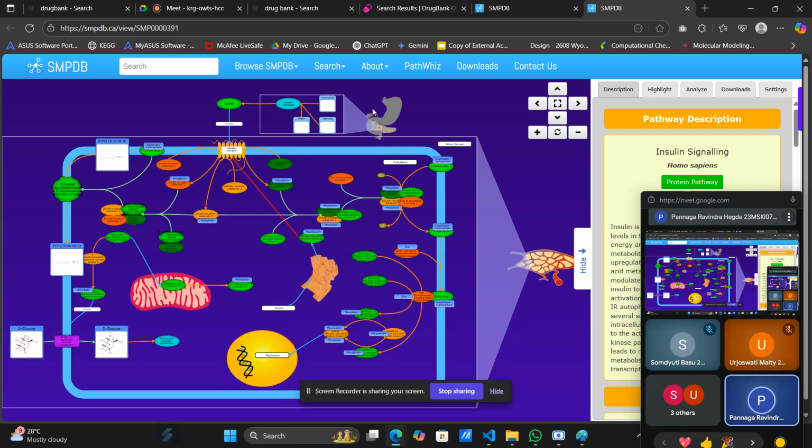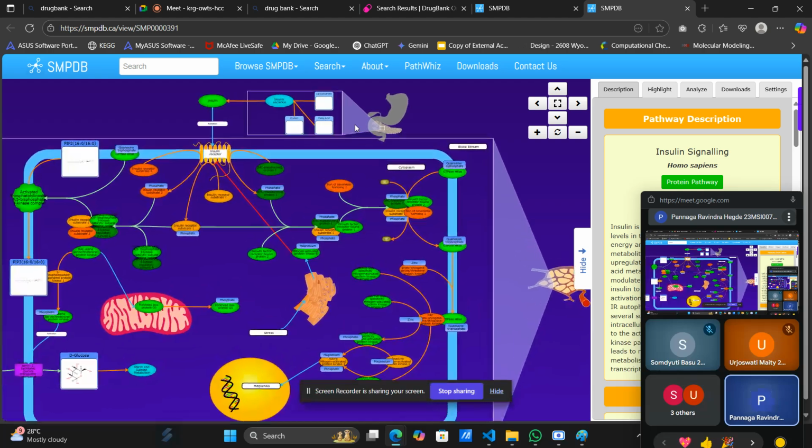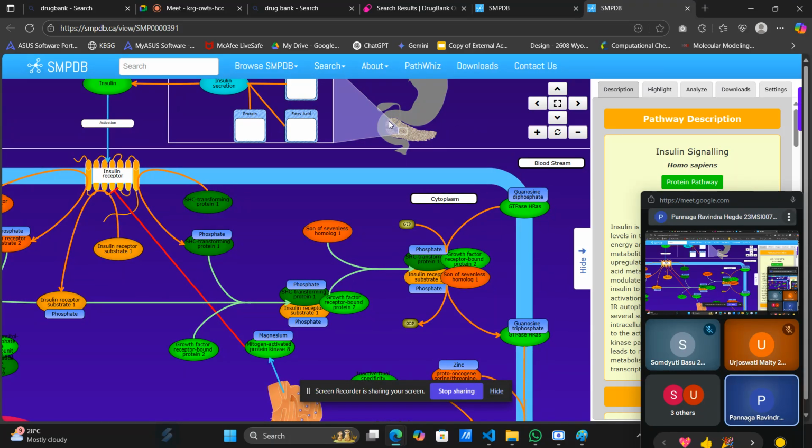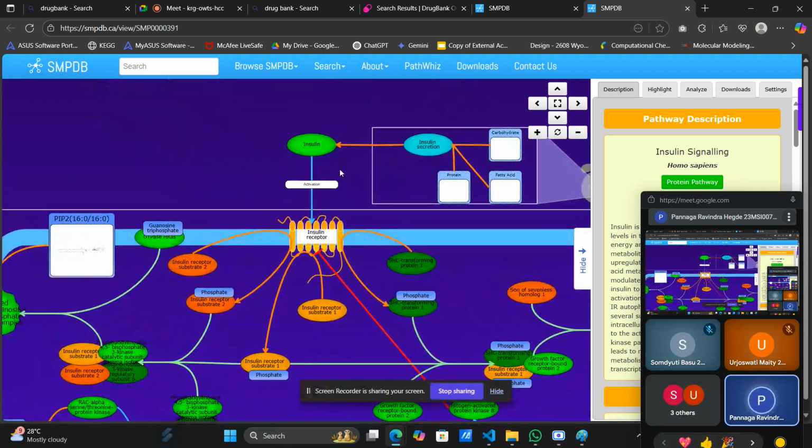I'll just zoom in. You have the pancreas on the top, beta cells in the pancreas produce insulin, and once insulin is secreted, you have the insulin protein here. The insulin protein is going to come and interact with the insulin receptor present on the cell membrane. Did you guys understand?